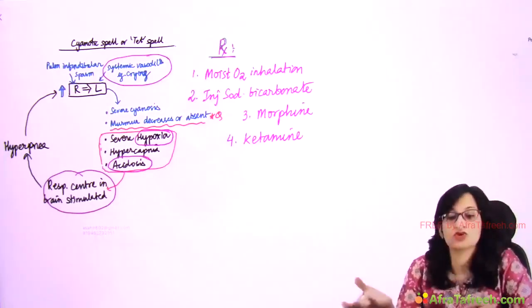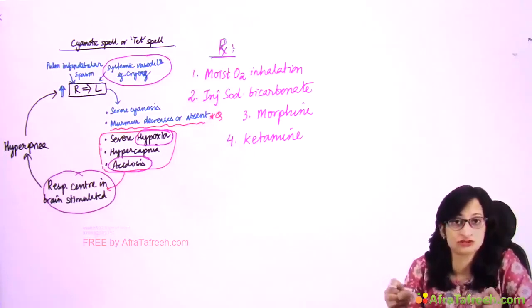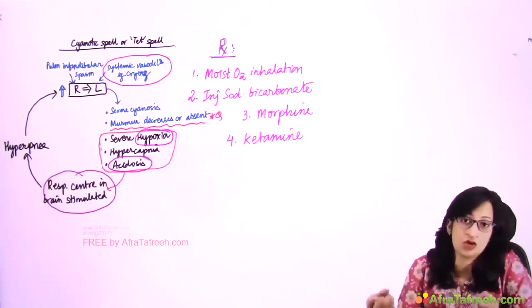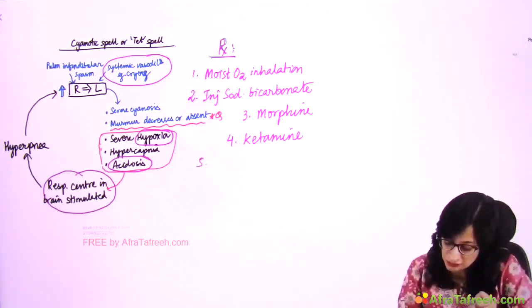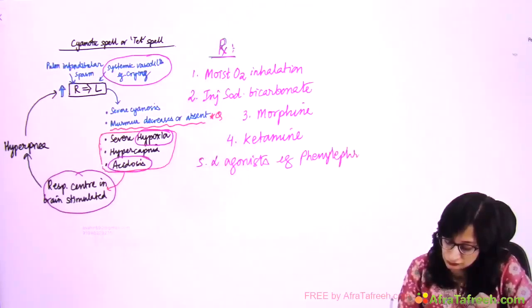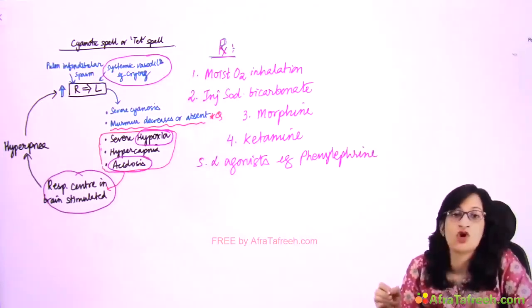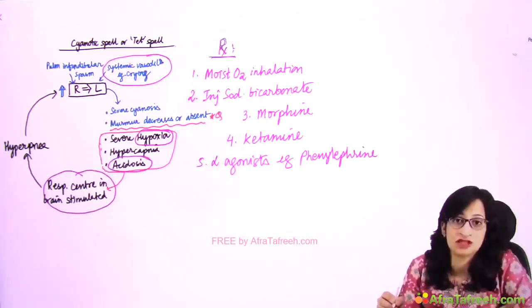So give drugs to cause systemic vasoconstriction. You can give alpha agonists like phenylephrine, or you can give beta blockers like atenolol, propranolol, beta blockers like propranolol.